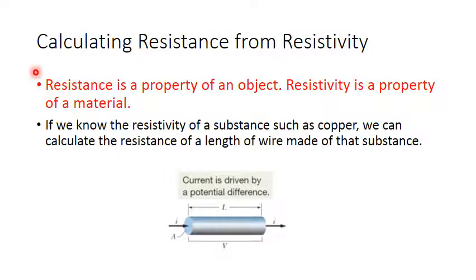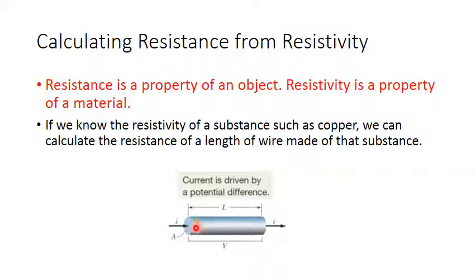Now we have seen that the resistivity is a property of the material. The question is, what would be the resistance of a sample? The resistance of a sample is a property of the object.